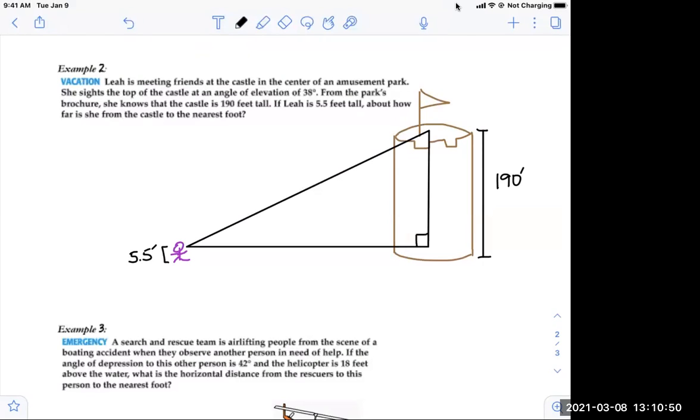Tell me where the variable goes. It goes on the adjacent leg. Okay, so we're looking for that distance, right? Okay, Solly, can you tell me how to use the 5.5?